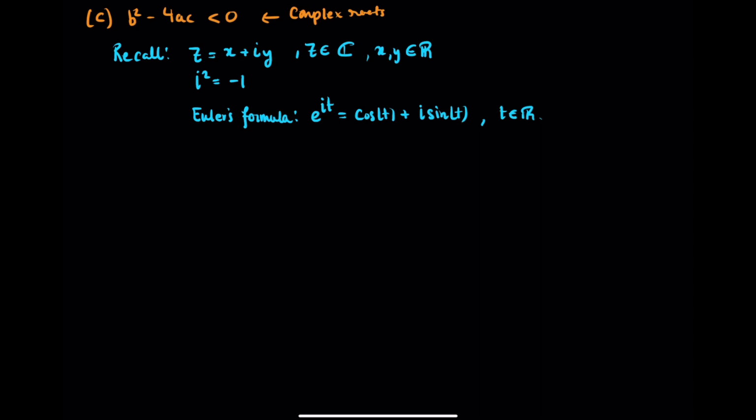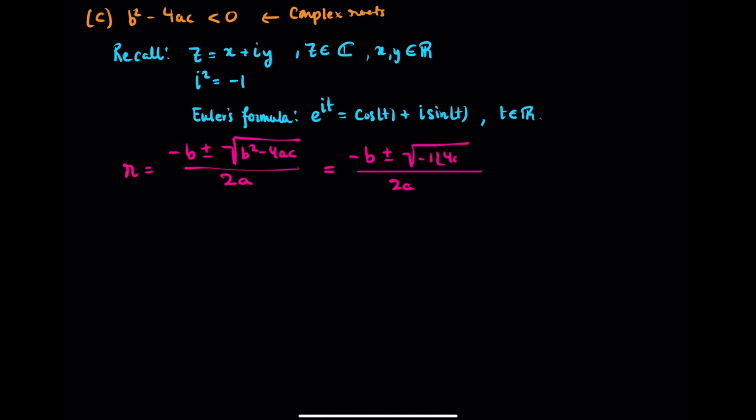And so the root that we initially wrote was r is equal to minus b plus or minus the square root of b squared minus 4ac, over 2a. Well, we know that b squared minus 4ac is less than 0. So we can bring out the -1 and write 4ac minus b squared. That way we have the square root of -1, which is just i.